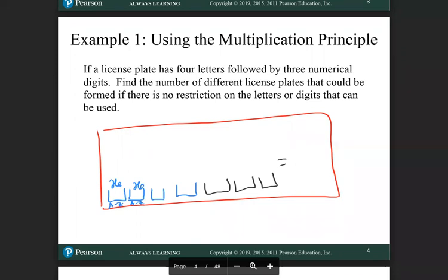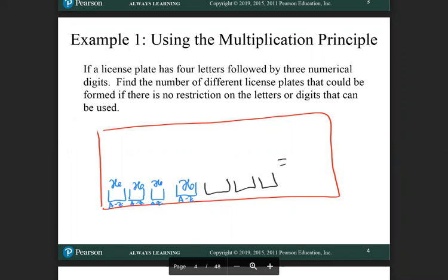But if I used A, I could use A again. So the next one, same idea, any letter A through Z. So I have 26 options. And then my last letter, again, I have the options A through Z, so 26 options. So for just the letters, I have 26, 26, 26, and 26.